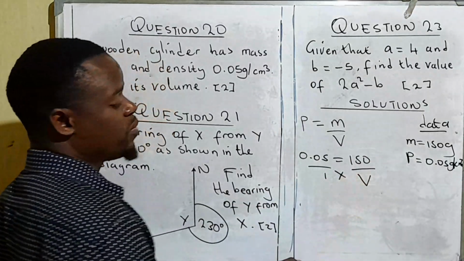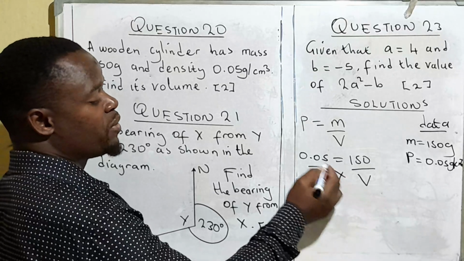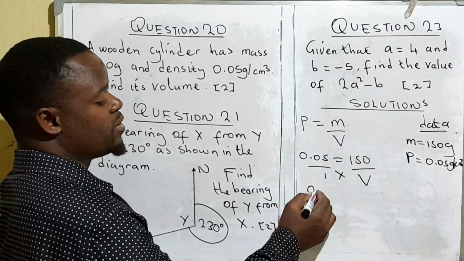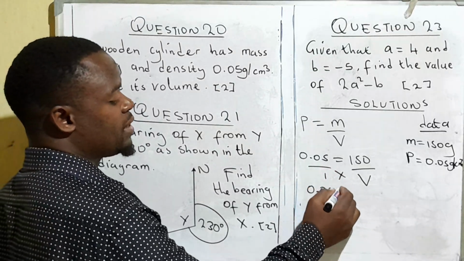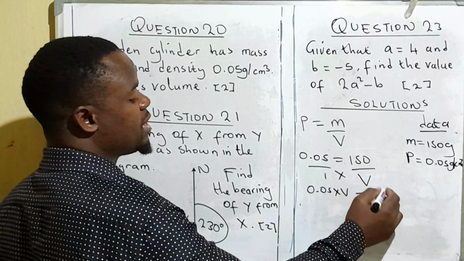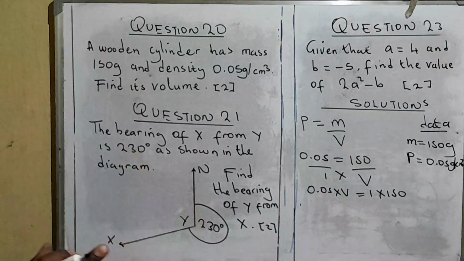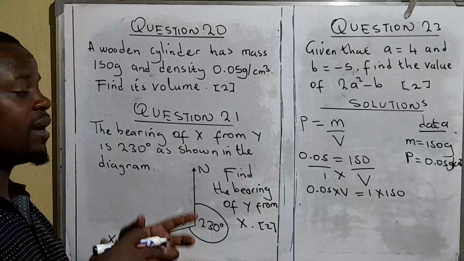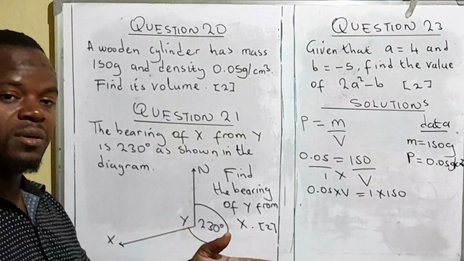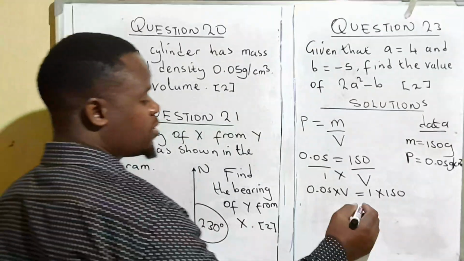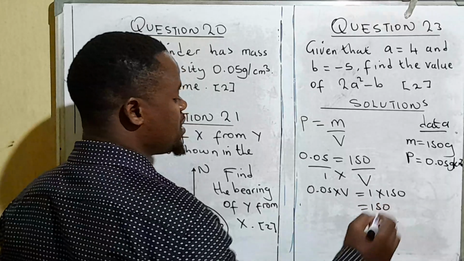Introduce 1, cross multiply. This will be multiplied by that, so that will be 0.05 times V, which is equal to 1 times 150. The identity property of 1 is that when you multiply it by any number, you get the number multiplied by 1. So this would be 150 still.